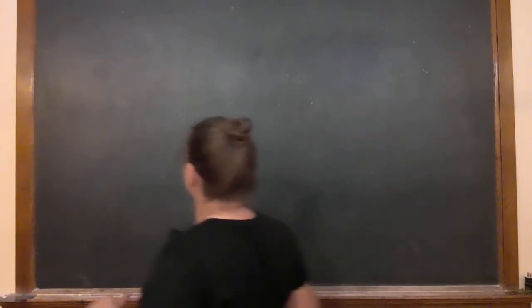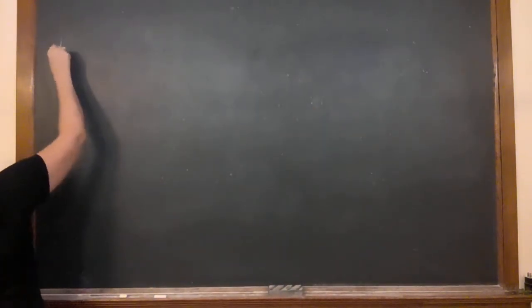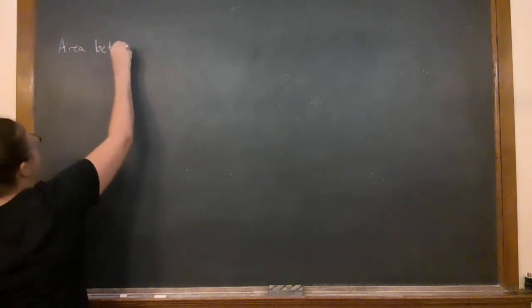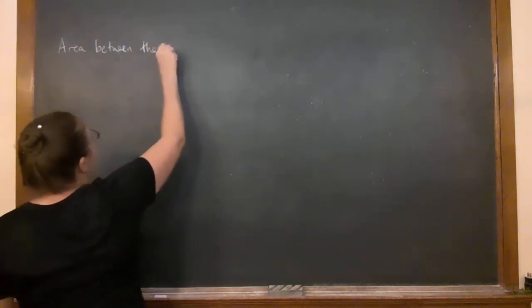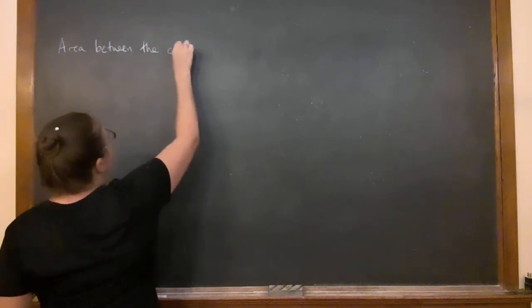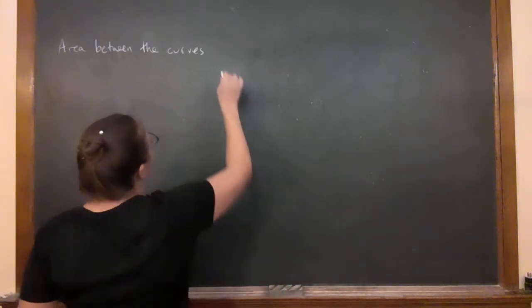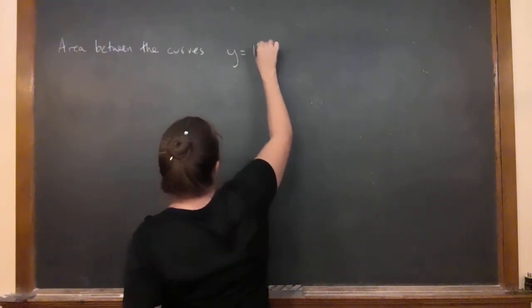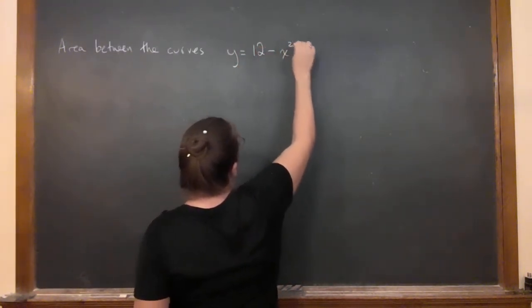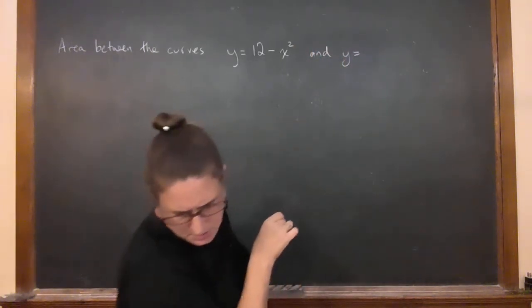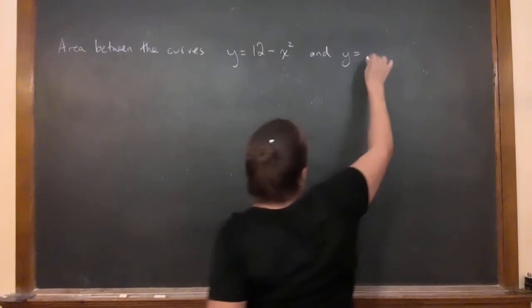Or maybe not such a quick example. We're going to find the area between the curves y equals 12 minus x squared and y equals x squared minus 6.